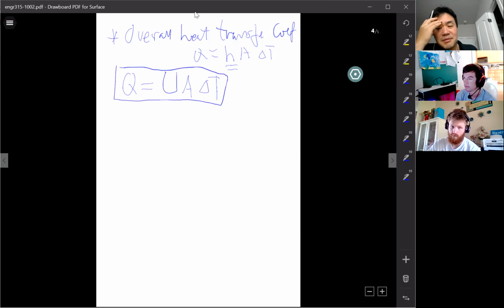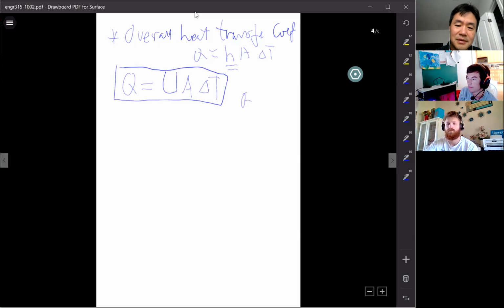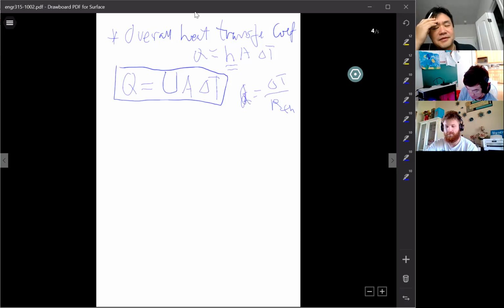So people maybe like this form, UA delta T. So let's say we create an overall heat transfer coefficient for everything from the beginning to the end, instead of using the previous idea, delta T over R, delta T over thermal resistance, right? Okay, you see the difference here. This is really by preference of different people.